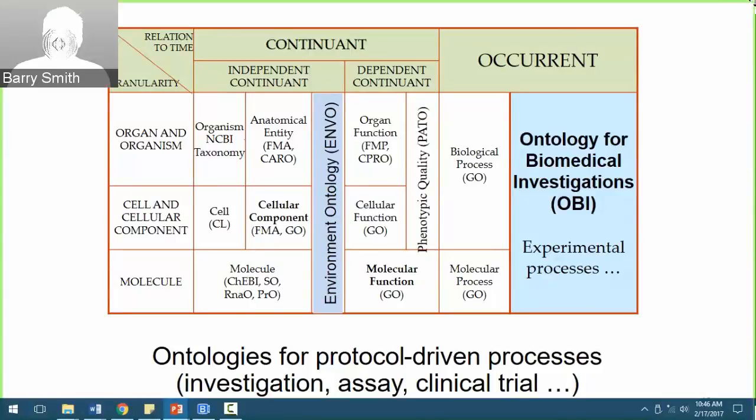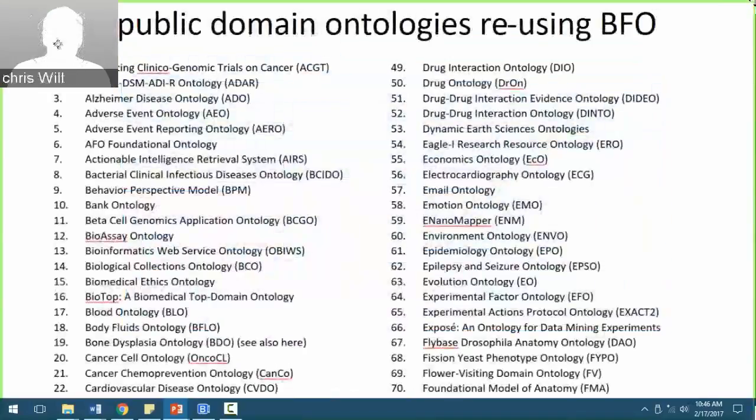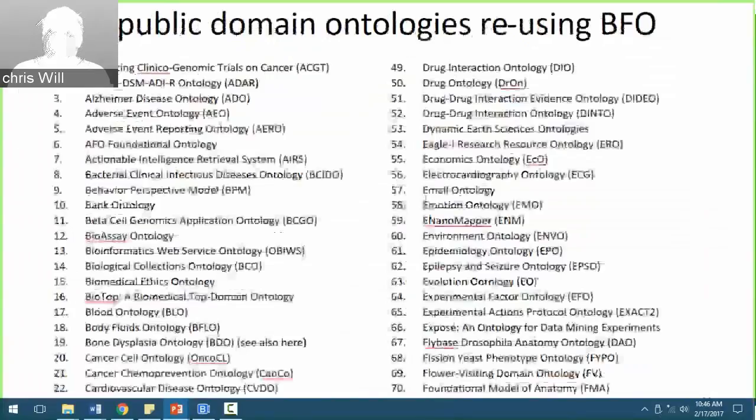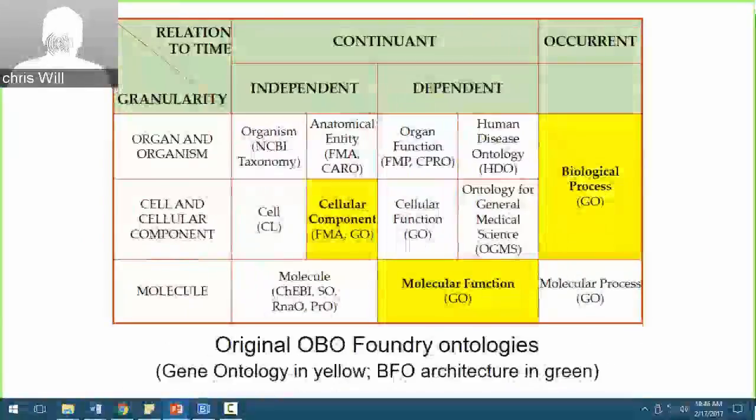Thank you. Hey, Barry, just along that same line of questioning. So what you're saying, on that slide you just had, whether it's the continuant or an occurrent ontology, these are all reference ontologies based on your previous slide.